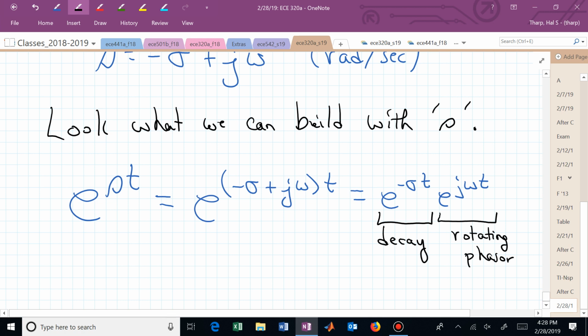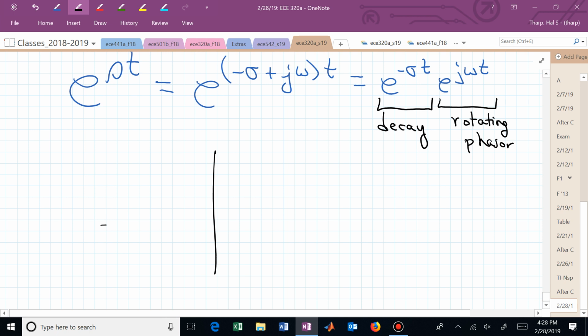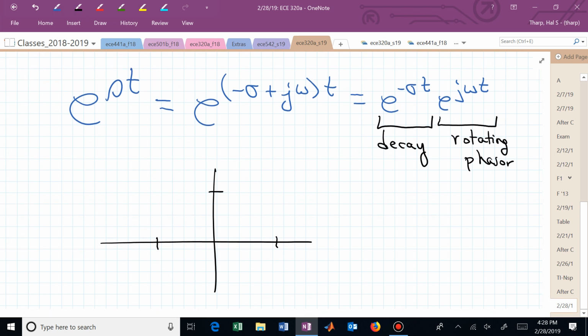That's this rotating phasor, where if you wanted to think about it, what's the magnitude of e to the j omega t? If you now looked at the magnitude of e to the j omega t, you could say, oh, I don't know what its magnitude is, but I remember Euler.